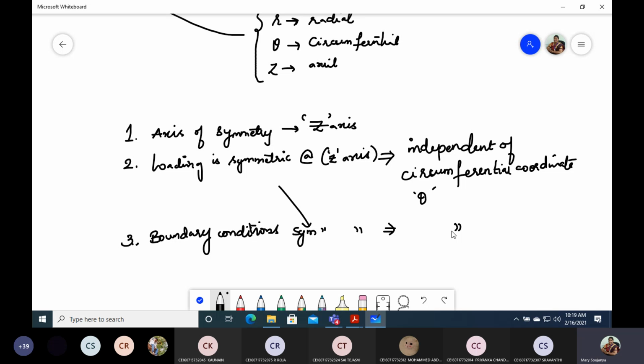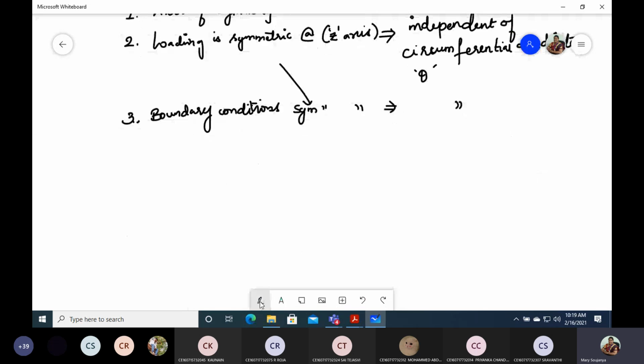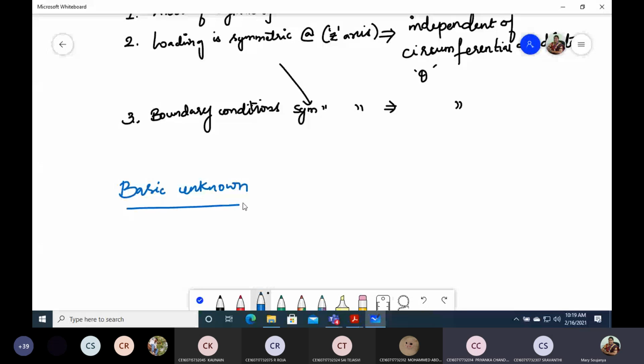So based on these conditions or rules, we are going to go forward. That is because, for finite element analysis, what is the basic field variable or the basic unknown? Displacement.